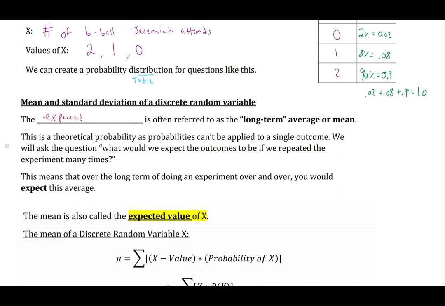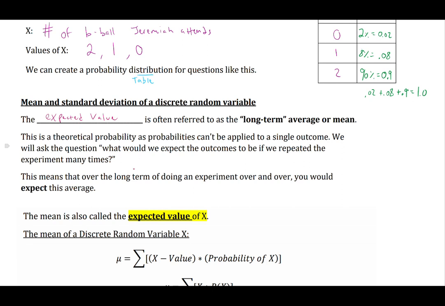So we're going to use the phrase expected value whenever we're referring to the long-term average or the mean of a discrete probability. This is a theoretical probability, as probabilities can't be applied to a single outcome. We will ask the question, what would we expect the outcomes to be if we repeated the experiment many times?